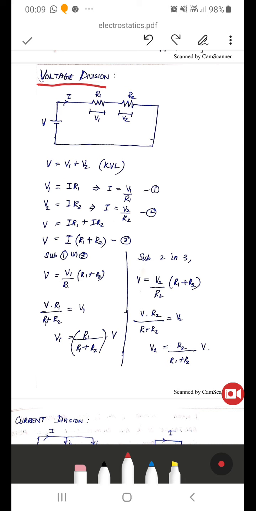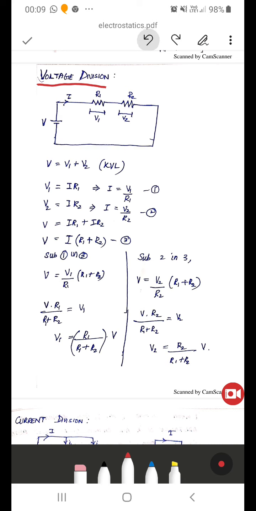Now to find whether it is a series circuit, put your pen on your source voltage and start moving your pen like this. Without lifting your pen, if you complete a loop, that is, if the loop is closed, it is said that it is connected in series.